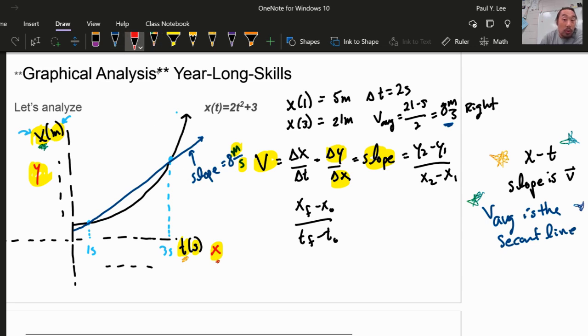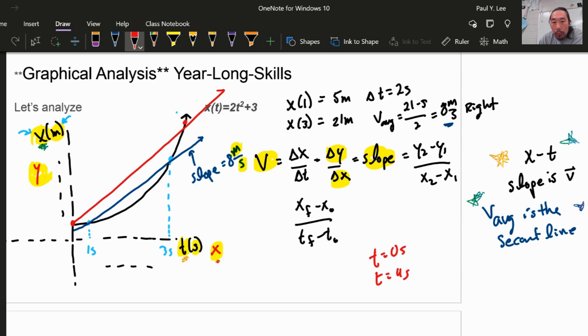So for example, I'll do this in red, right? Let's say we're looking at t of 0 seconds and t of 4 seconds. What would that look like? Well, 0 seconds is right there, and let's just pretend that 4 seconds is right there. All you gotta do is create a secant line. Boom. Whatever slope that is will be your V average between these two time intervals.